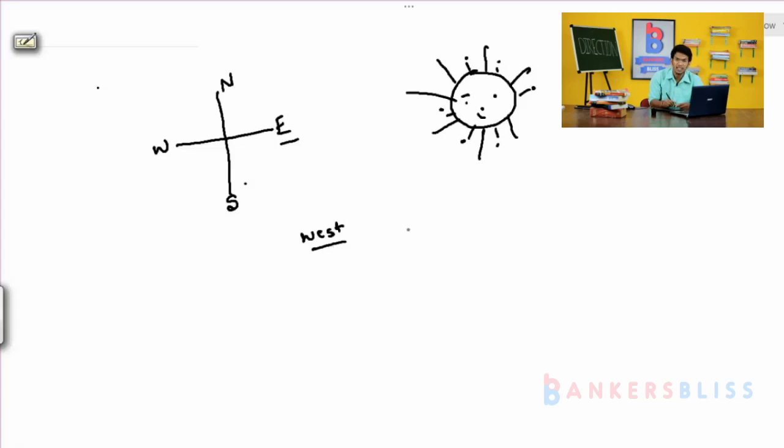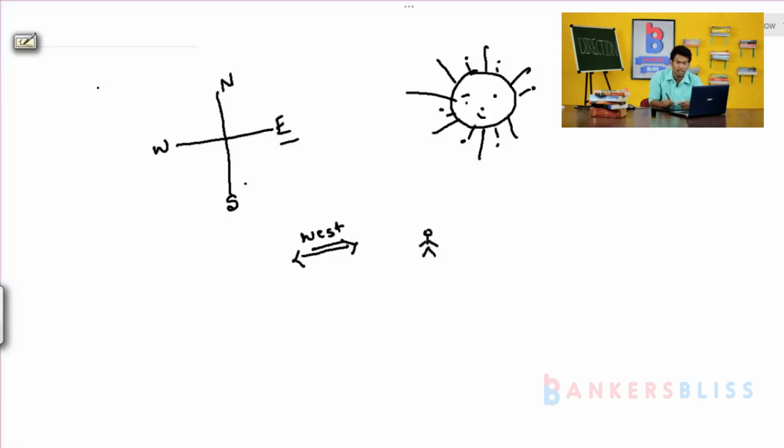Look at here, I am going to give this much importance. The sun rises in the east, and the shadow will be in the opposite direction, which means the west. Let's look at one beautiful example. Here one person is there.